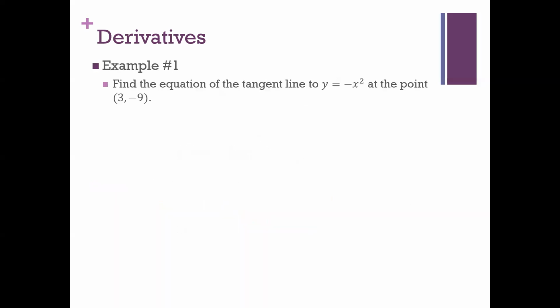So I want to find the equation of the tangent line to the curve y equals negative x squared at the point (3, negative 9). Just to help us ground this in something familiar, let's draw this function, a downward facing parabola, and I care about the point (3, negative 9).